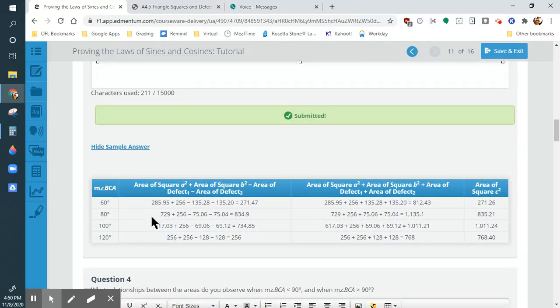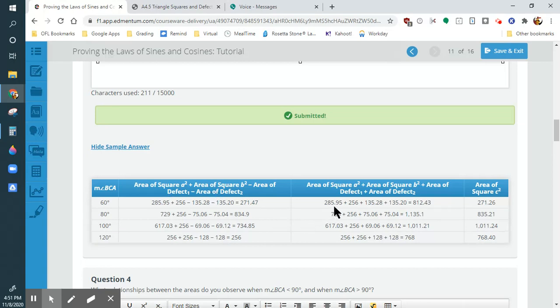So here we see add, subtract the first area defect, subtract the second area defect, we get this, and then we have add this, plus, plus. What are we doing here? Add. So this is adding all of them together. And we see that, why is it the same? That's kind of weird. A squared, b squared, minus the area defect, minus the area defect.